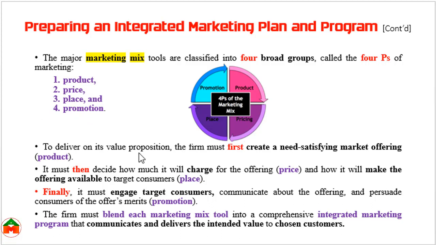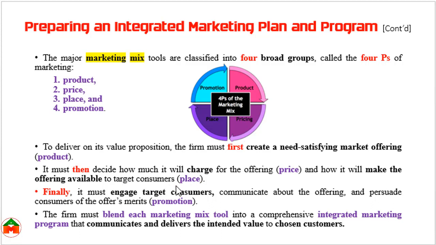To deliver a good value proposition, the company must first create a new, satisfying market offering, and that offering could be a product or service. After that, the company should decide how much it will charge for the offering. That means there should be a decision on pricing. After that, the company should decide how it will make the offering available to target customers.